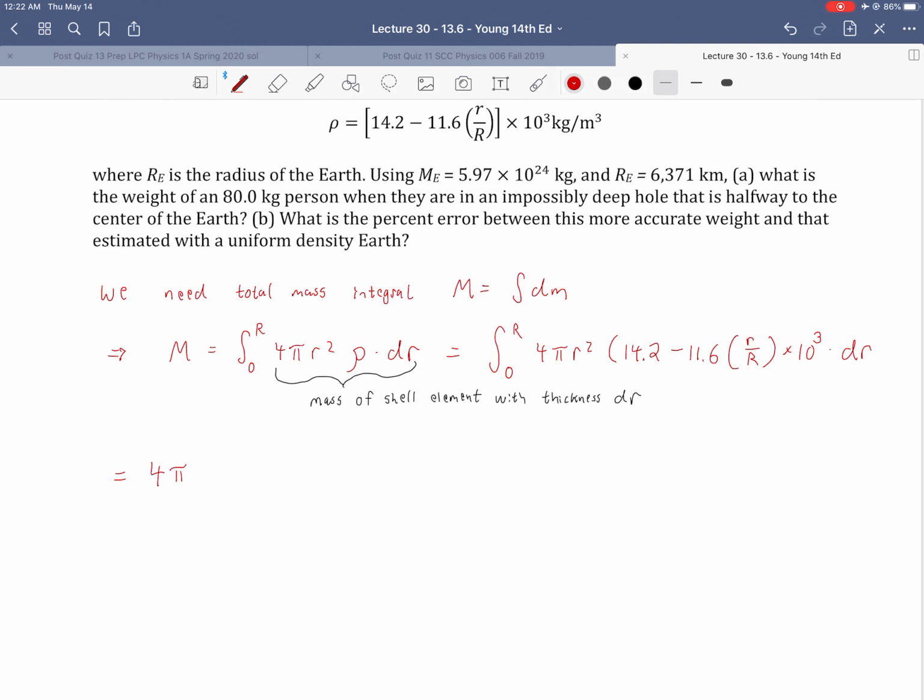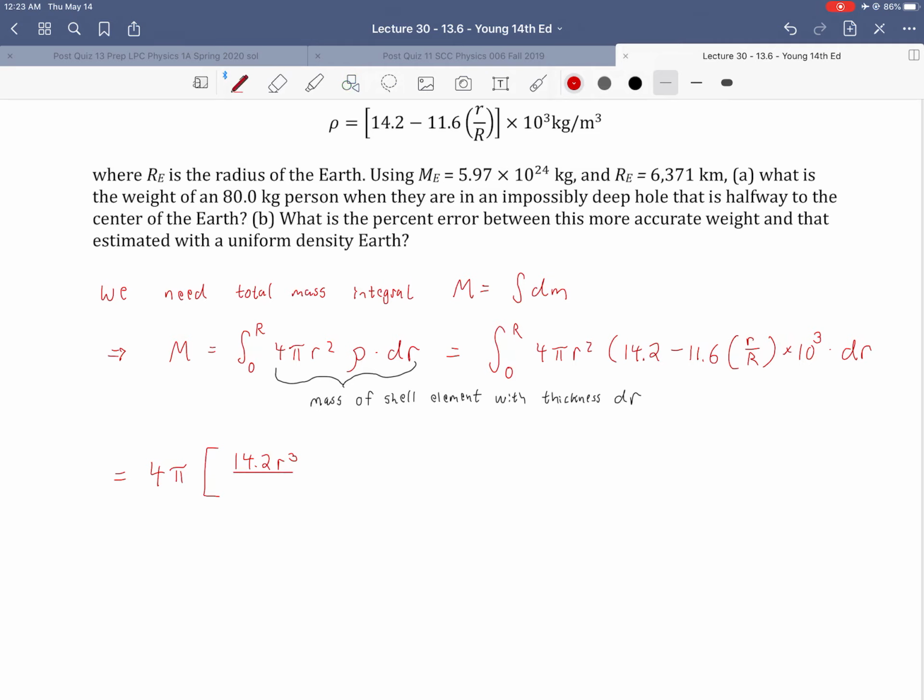So what this would look like, let's pull out the constant, and then in brackets I'm going to show the integration, and then I'm going to show the limits on the edge of the bracket. So then I would have 14.2 r squared, and then, to be fair, if I've already done the integral, it would be r cubed over 3.